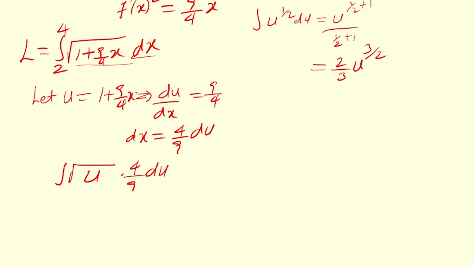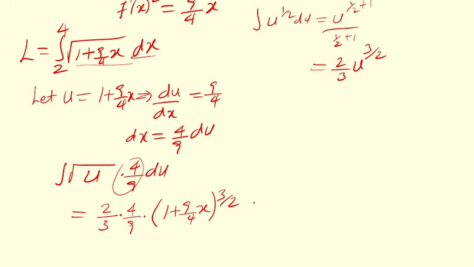What's u? 1 plus 9 over 4 x. So the result becomes 2 over 3 times 4 over 9 times 1 plus 9 over 4 x to the power of 3 over 2.